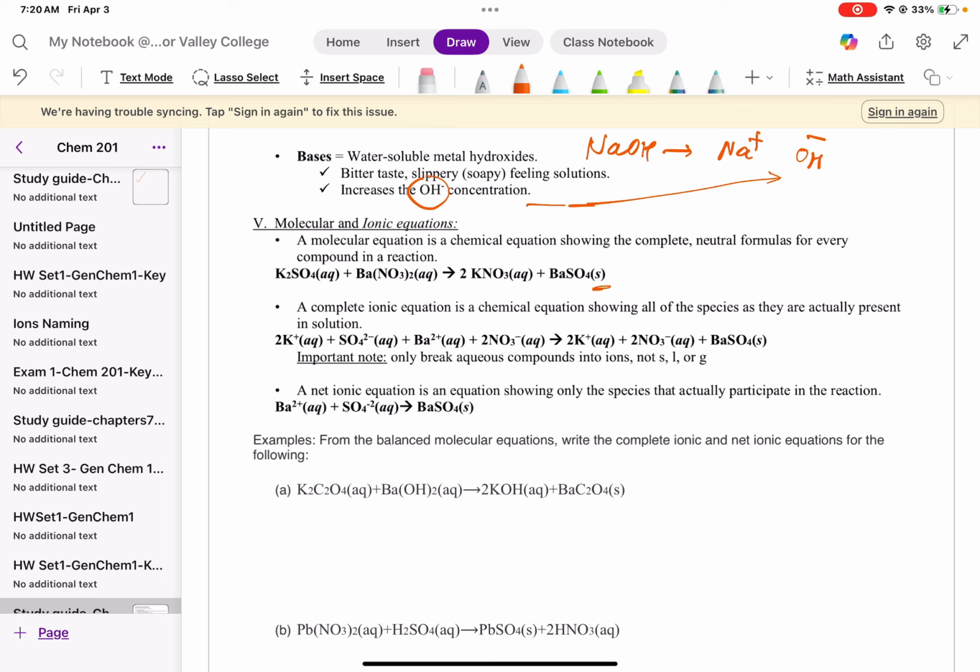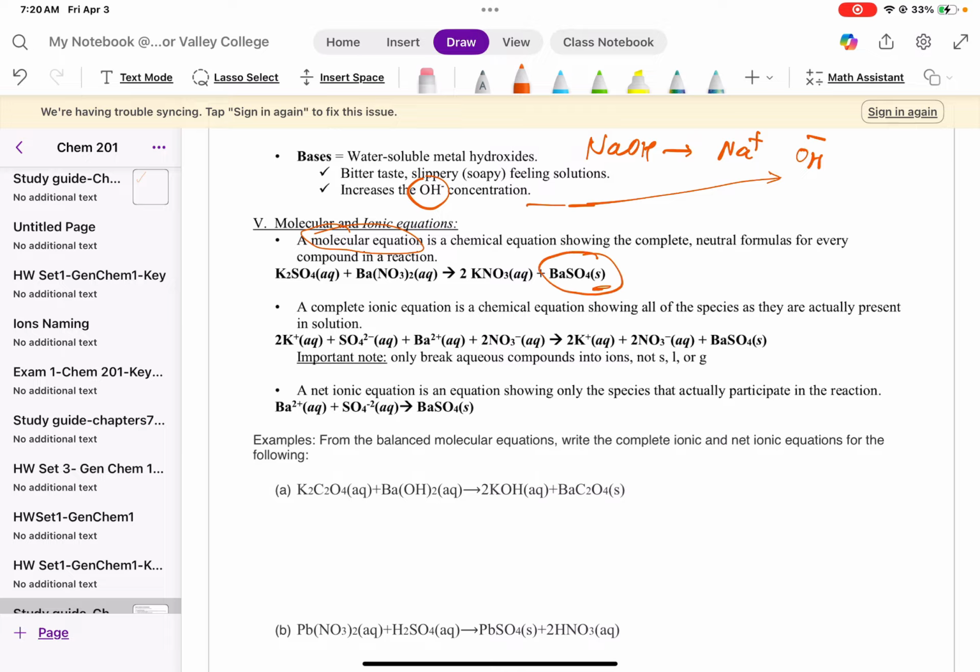If we just write a regular equation with all the molecules, with all the formulas, we call that a molecular equation. So K2SO4 reacts with barium nitrate, giving us potassium nitrate plus barium sulfate, and that's the precipitate.